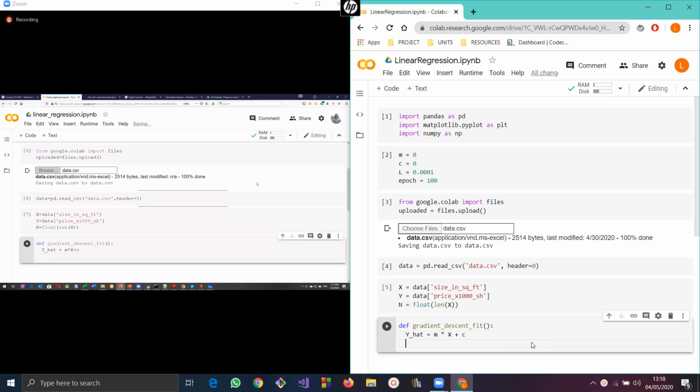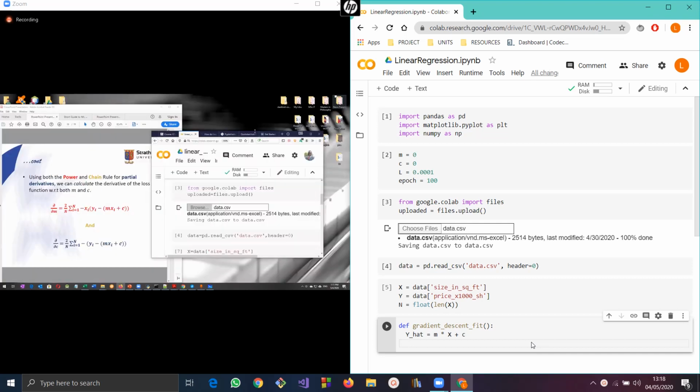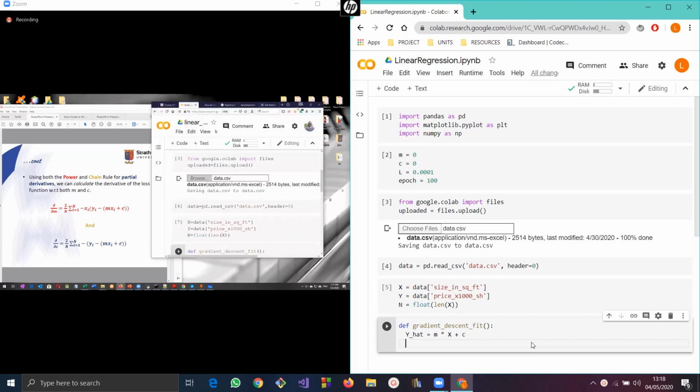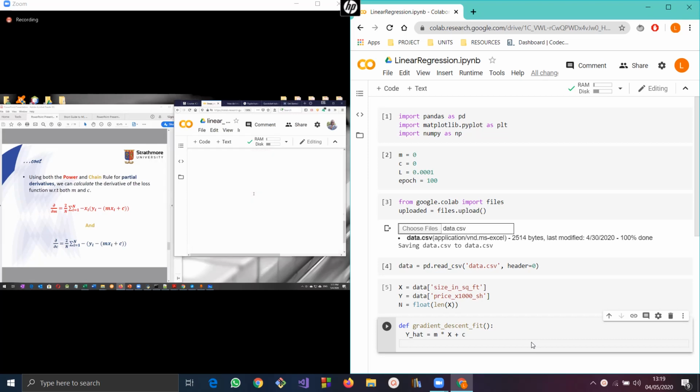Then the next thing is actually to get the derivative of the error, the mean squared error. We did it on paper, so we just code it here. We can just say the derivative with respect to m is equal to, so the formula that you're seeing there, 2 over n.